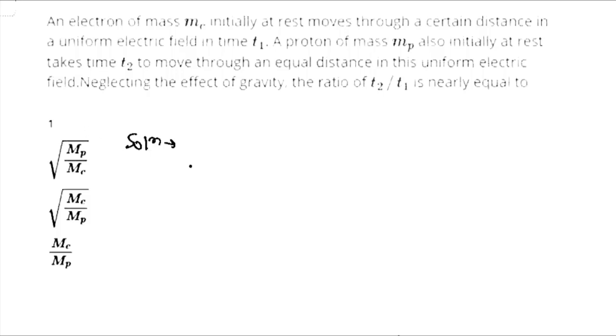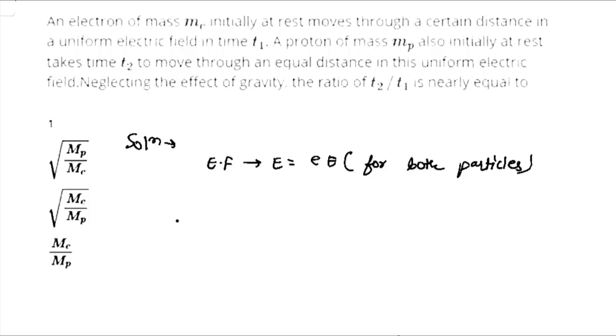The electrostatic force F will be equal to E into e for both particles, but the acceleration of the electron and the acceleration of the proton will be different from each other.